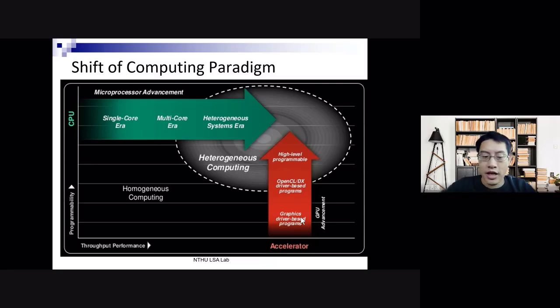On the other hand, we have those accelerators, all kinds of specialized processors. They are extremely powerful, but sometimes they require ad hoc programming, or you don't have so many programming tools or a good programming environment. So their ability may also be limited, like a single processor.